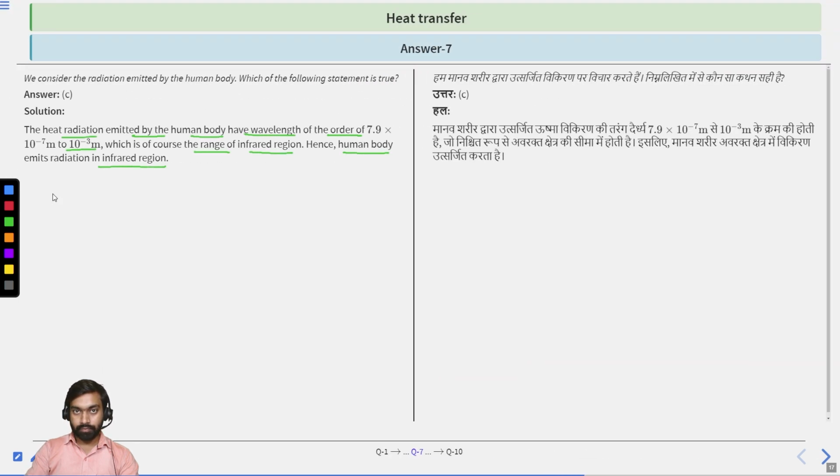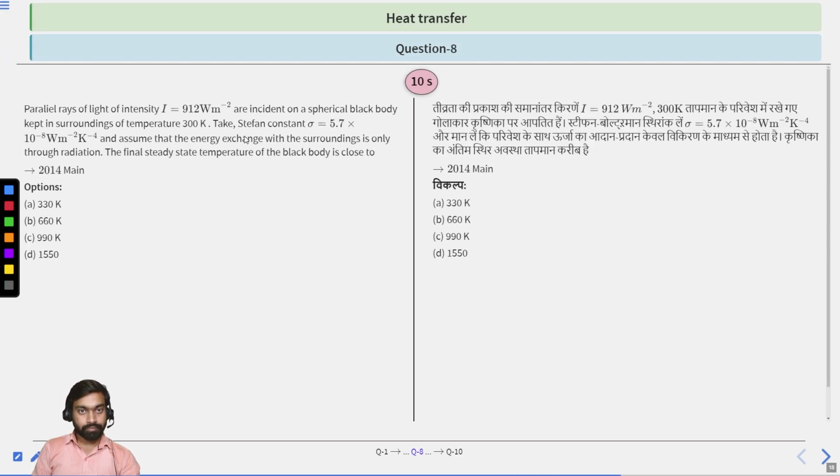Next question. Question 8 is, parallel rays of light of intensity I equal to 912 watt per meter square are incident on a spherical black body kept in surroundings of temperature 300 degrees Celsius. Take Stefan's constant sigma equal to this, and assume that the energy exchange with surroundings is only through radiation.